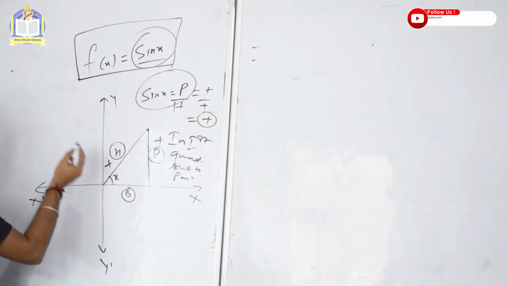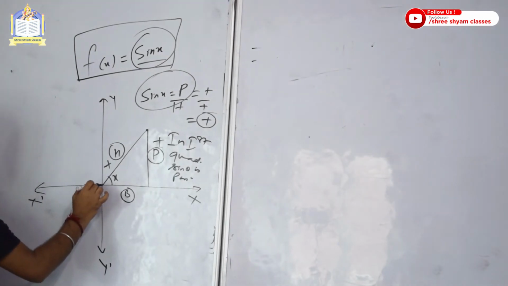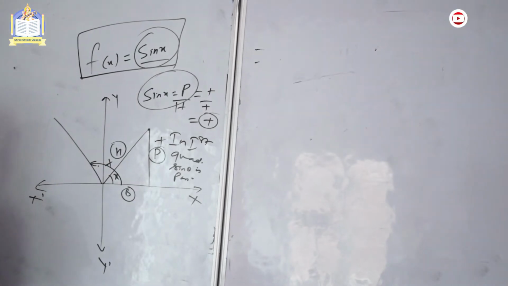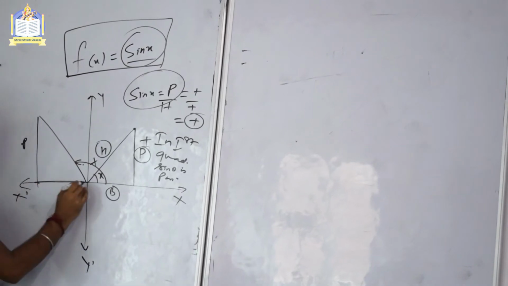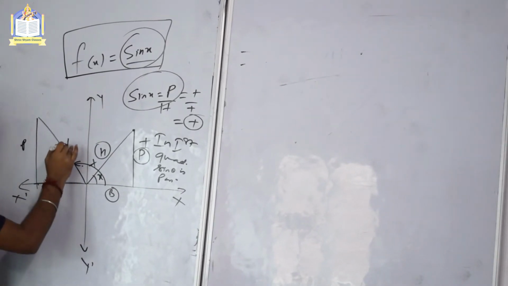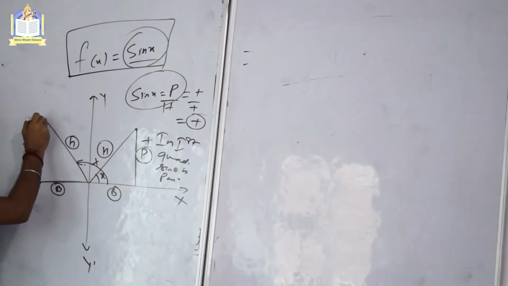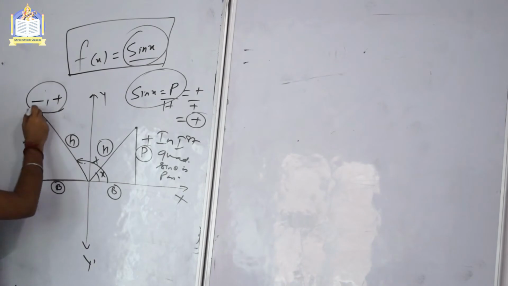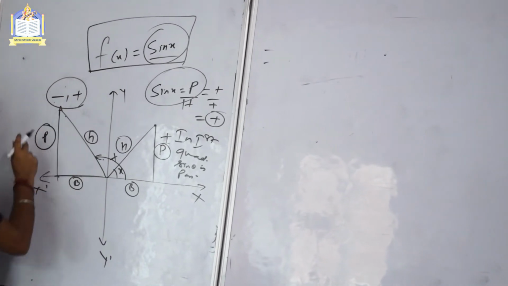Now let's come here. This is the second quadrant, and this is the required angle. In the second quadrant, this is perpendicular, this is base, and this is hypotenuse. In the second quadrant x is negative and y is positive, so the perpendicular is positive.